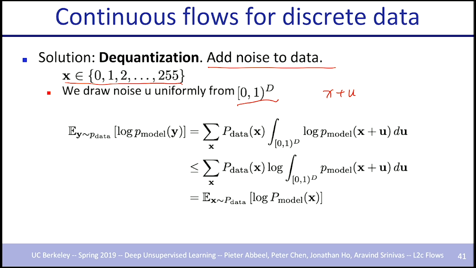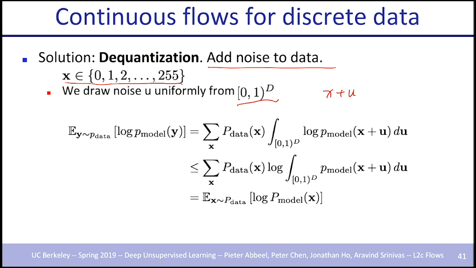The way the fitting works is I sample one data point from nature, sample another random U, and add these two things together. Then I force my flow model to learn X plus U. Does this seem reasonable? Yes.